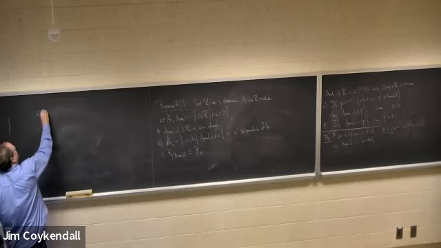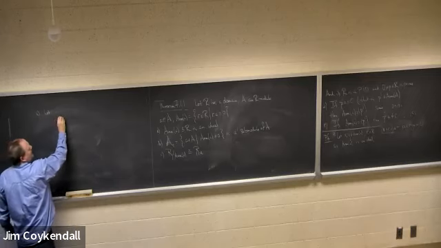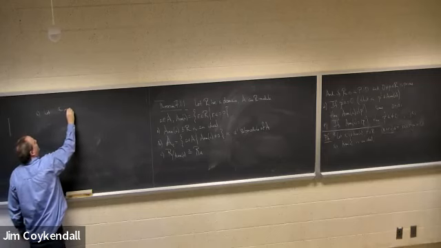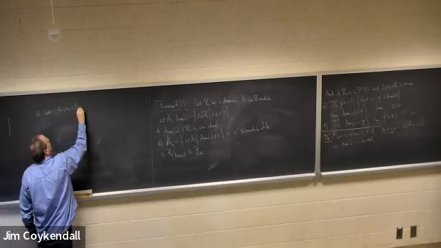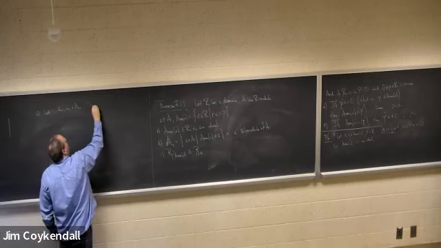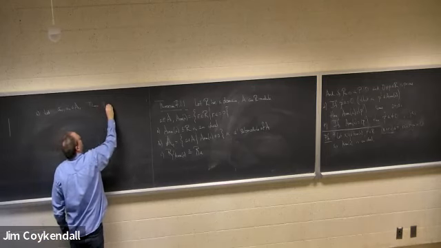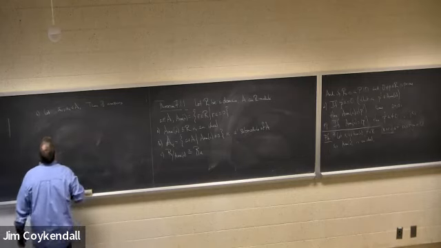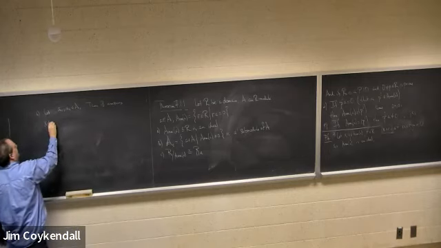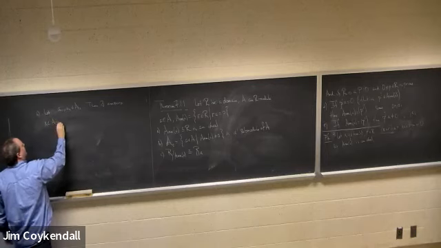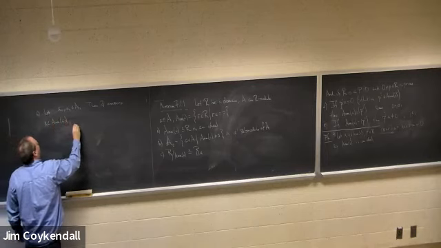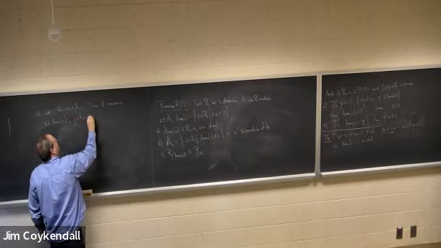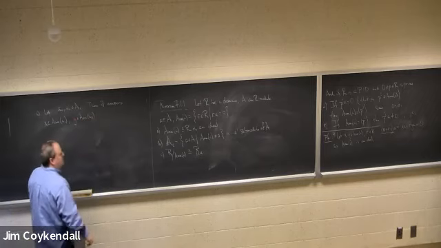So let a1 and a2 be in A sub T. Then there exist non-zero x in the annihilator of a1 and y in the annihilator of a2.